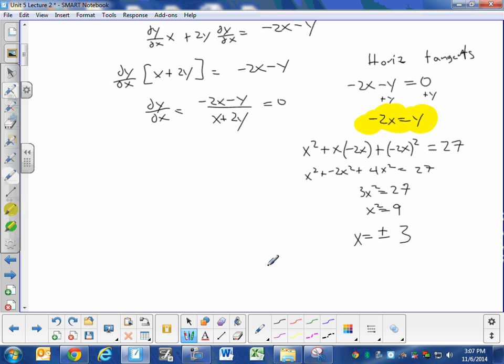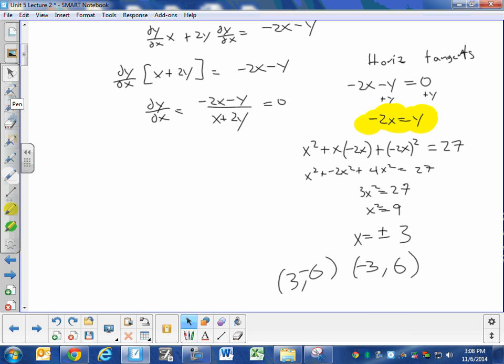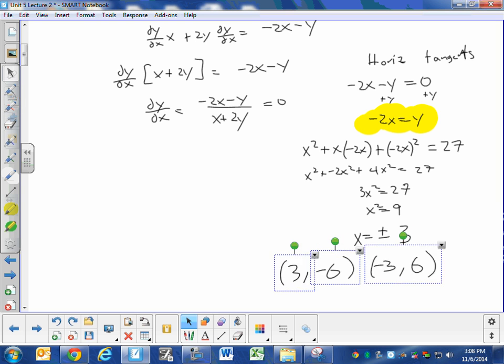So I plug in +3 for x, I get -6. There's my first location of a horizontal tangent. I plug in -3 into my equation, multiply by -2, +6. Hopefully those are the locations of my horizontal tangents. We'll check in a little bit.